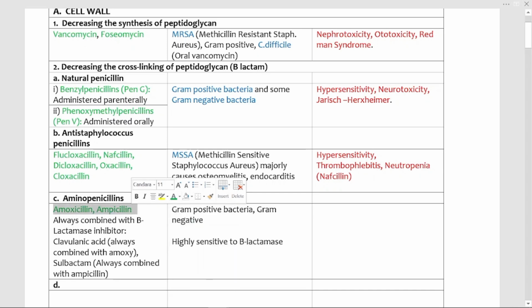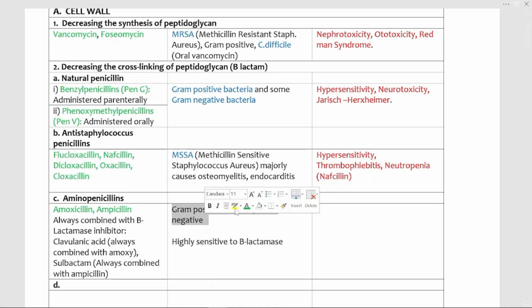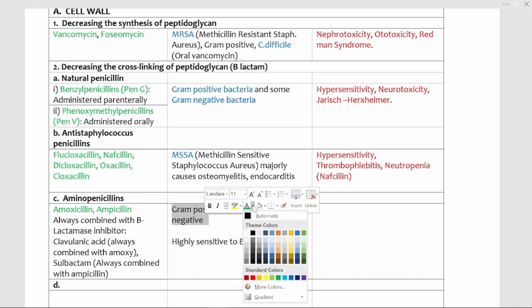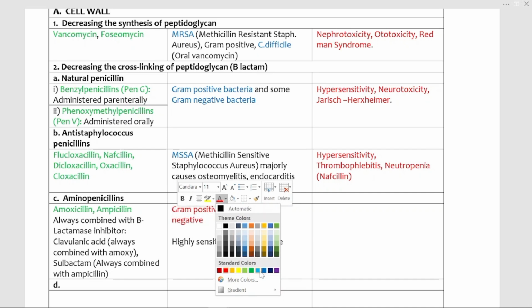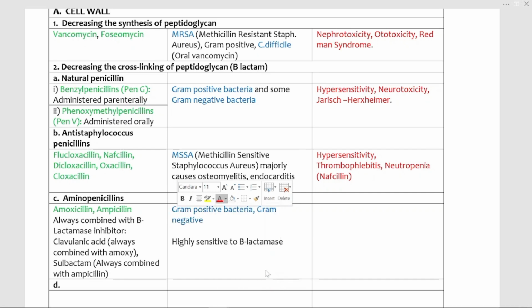Now, apart from that, we are also going to look at the side effects of these drugs. Same as other penicillins, these drugs tend to cause hypersensitivity. That's one of the major side effects when it comes to using these drugs.